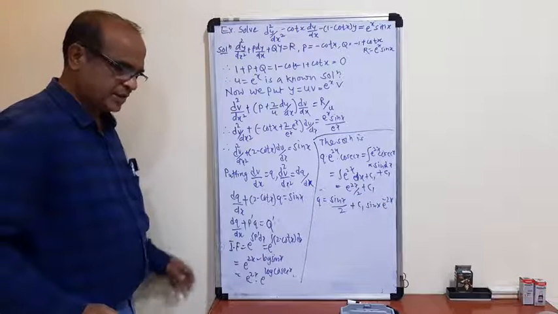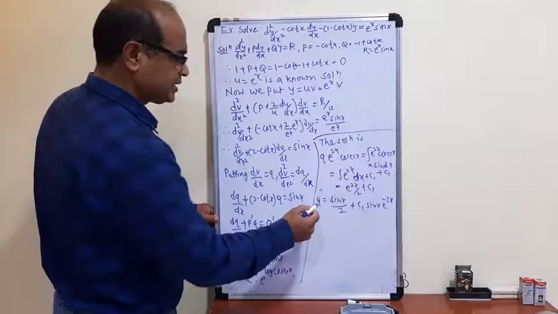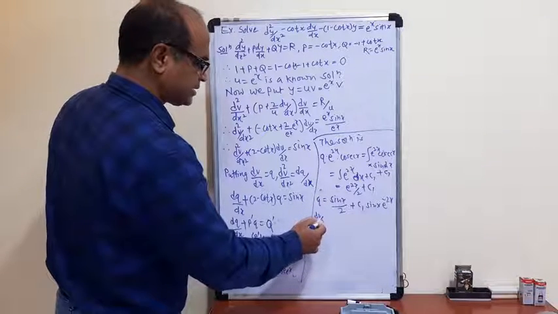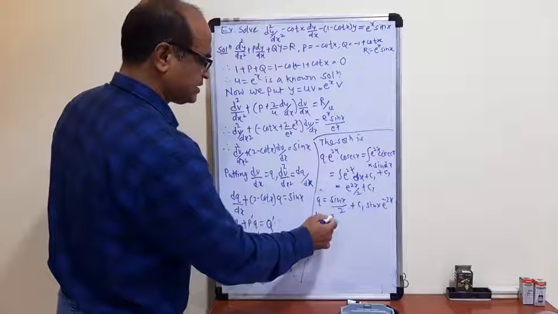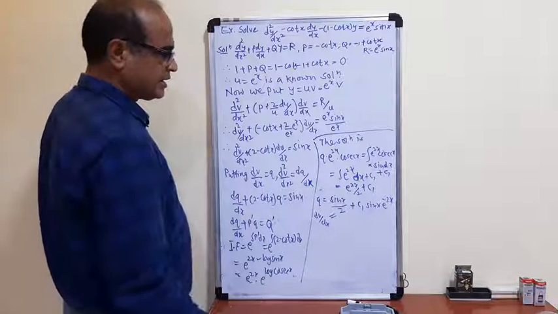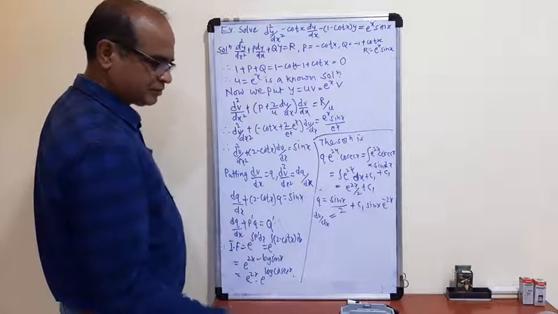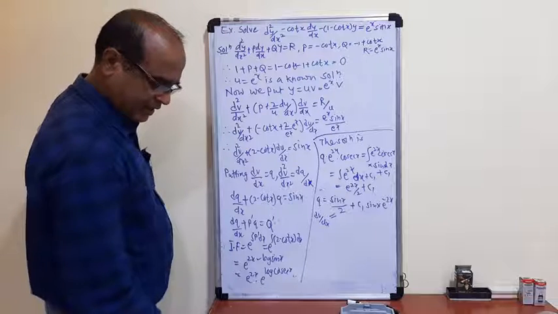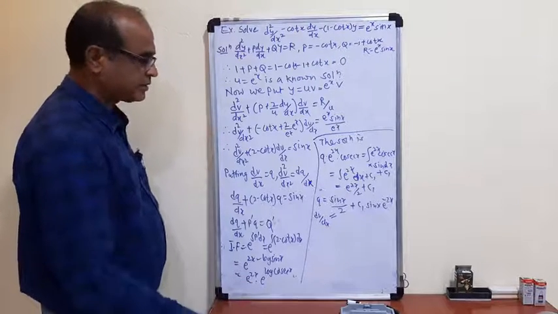So this is dv by dx: sin x by 2 plus c1 sin x e raised to minus 2x. So that is a very simple one.